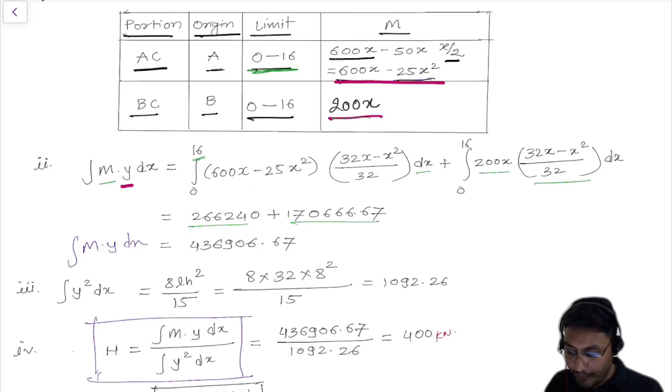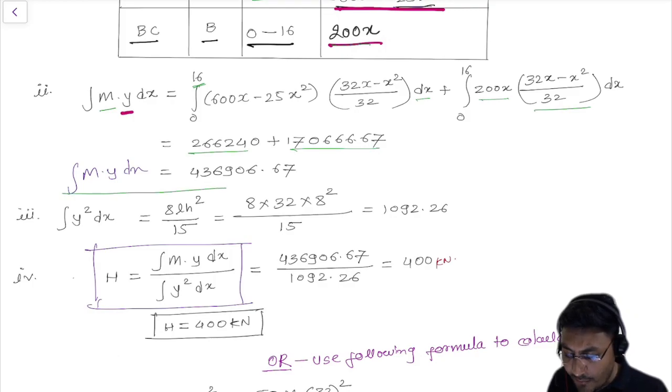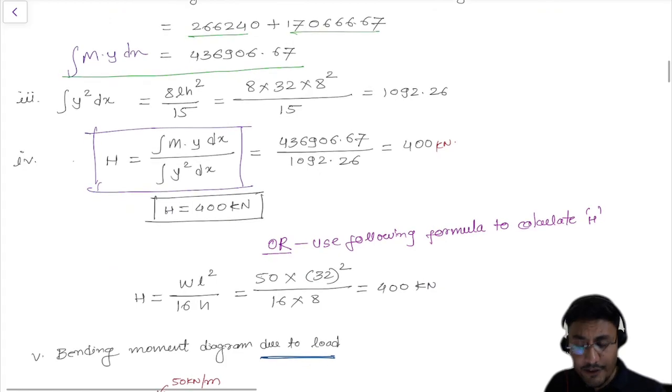Now after addition of these two figures, we got the value of moment into y dx as 436906.67. Now there is another equation, which is the integration of y square into dx, which is 8lh square divided by 15.